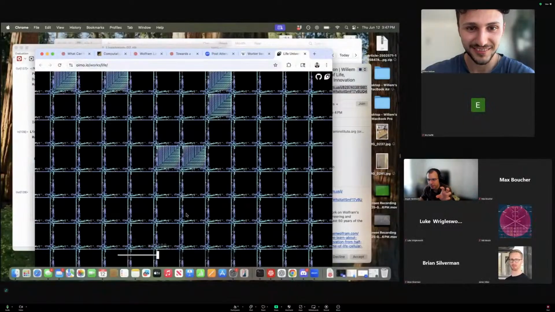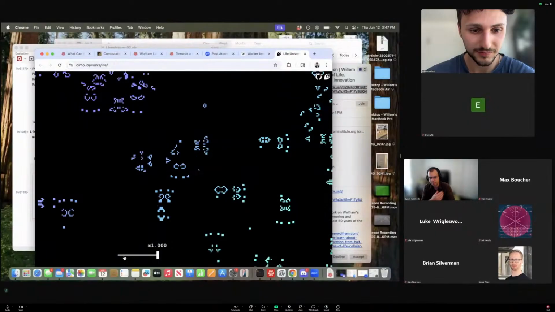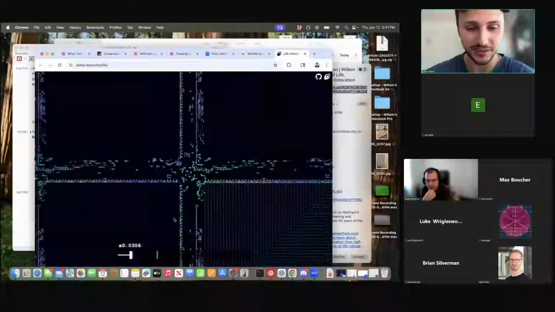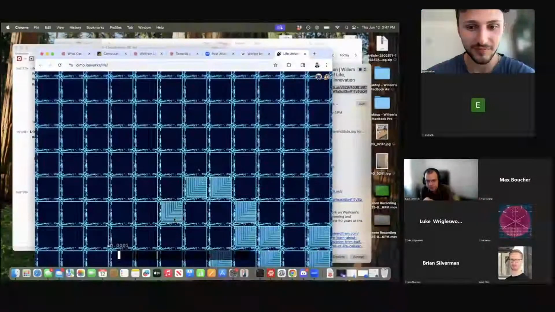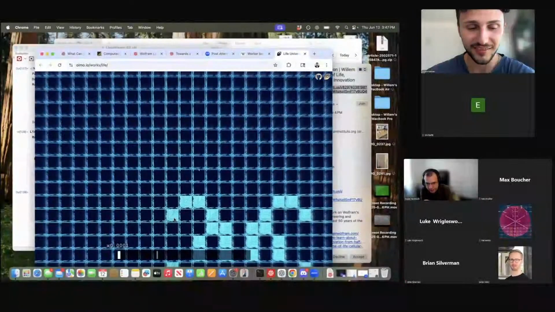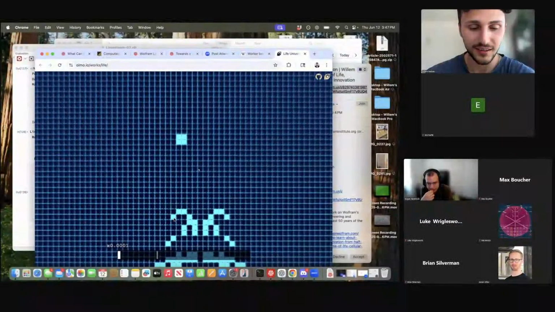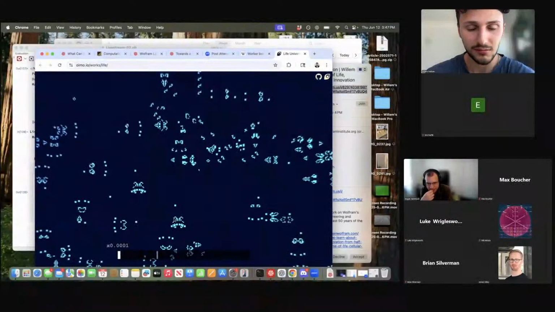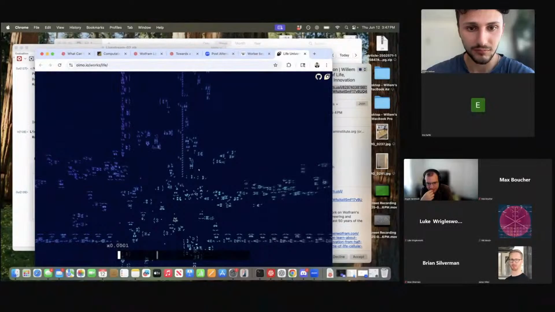Here, can you zoom out very slowly? I kind of have a low frame rate on Zoom. Okay, sure. Yeah, so all these squares are being lit up by gliders, and that's cool.